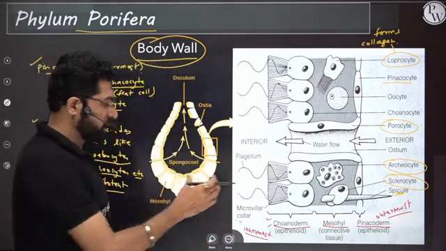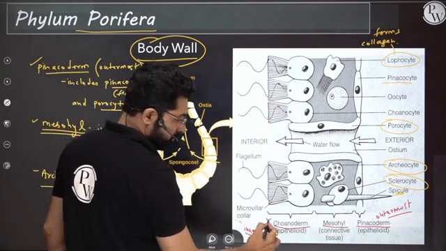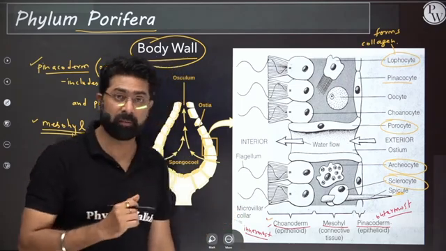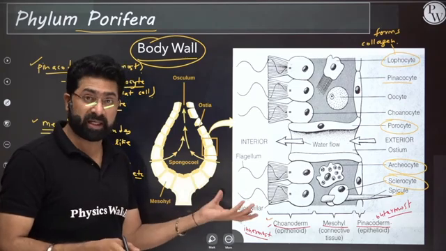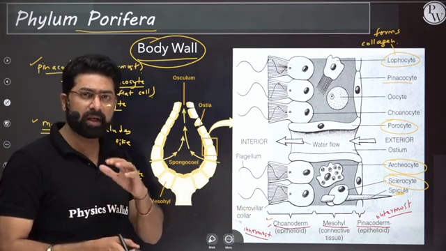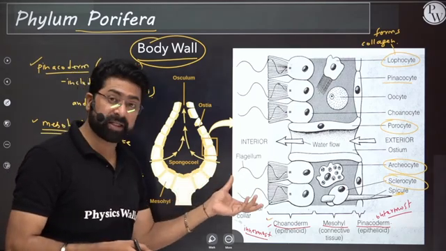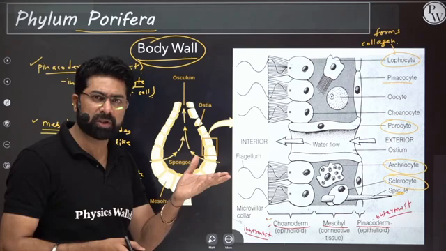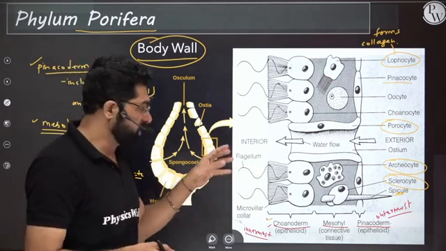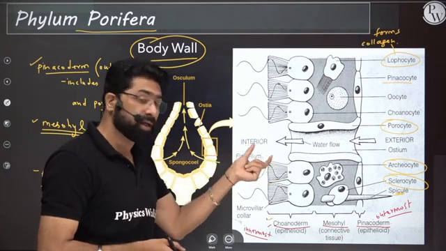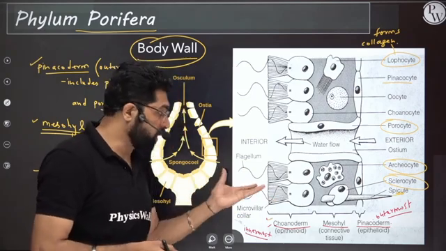And now the inside layer has the choanoderm. The innermost layer is choanoderm, and its characteristic cells are collar cells, which are found only in sponges in the animal kingdom. The collar cells are called choanocytes.